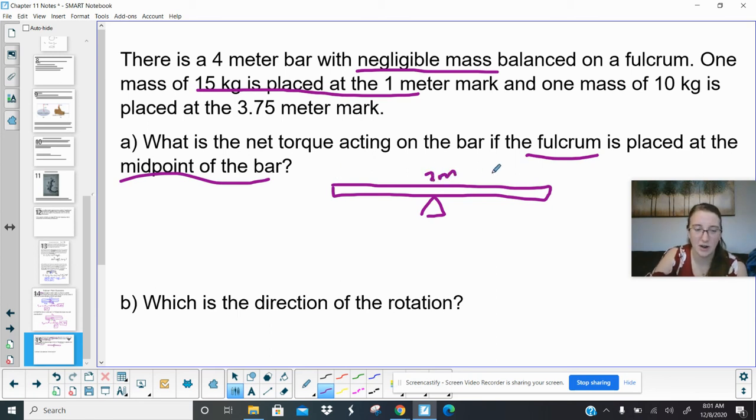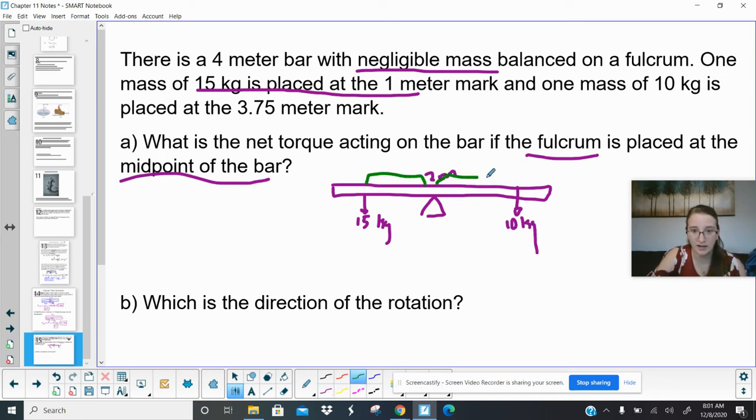Shoot, I wanted you to figure that out. I can put a question in. You're good. If it's 4 meters total, that's 2 meters in, right? So I want you to, again, we have the 15 kilogram and we have the 10 kilogram. I want you to label these two distances here.